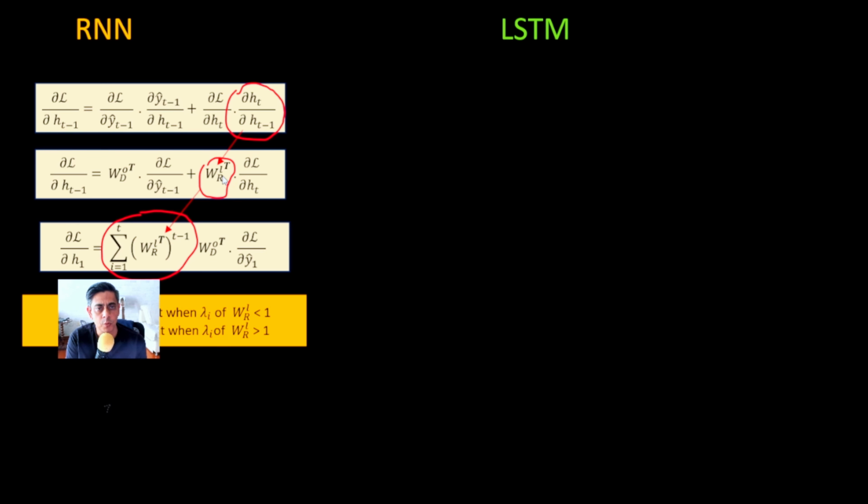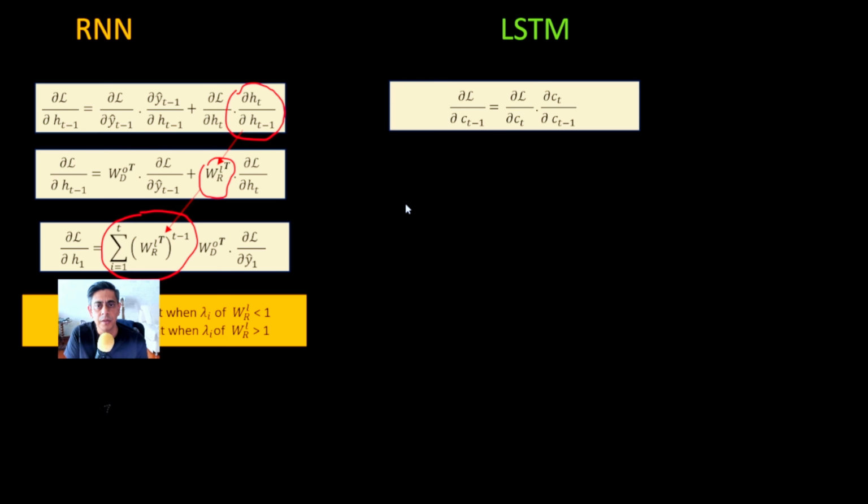Okay, now this WR was finally summed up for all time steps, then it was raised to the power T minus 1, and when the eigenvalues for this matrix were less than 1, it was causing the gradient to vanish. In contrast, when you are coming to LSTM, we have this term CT minus 1.